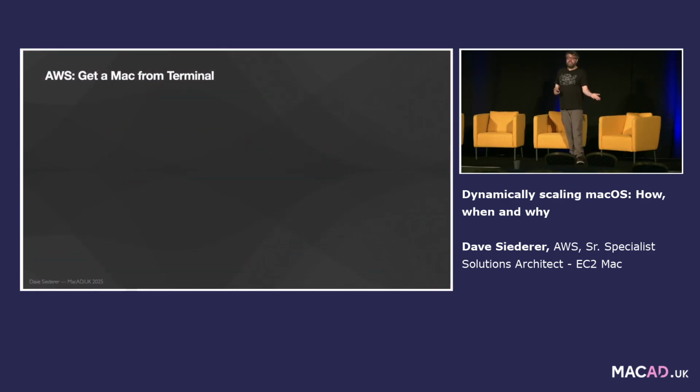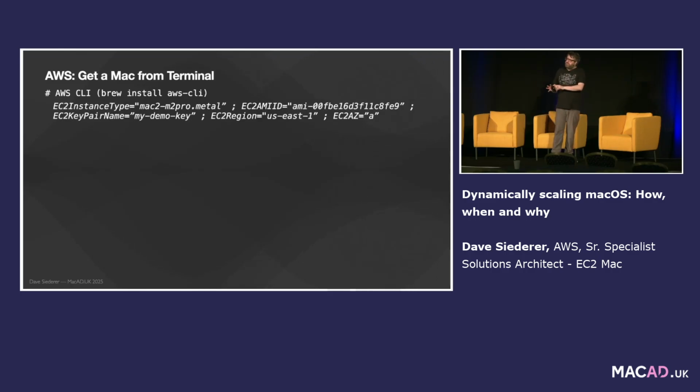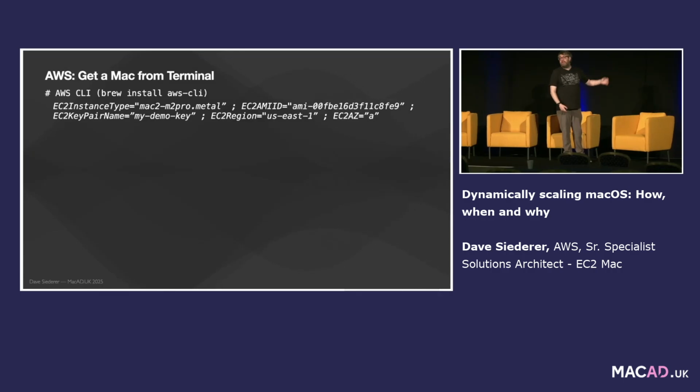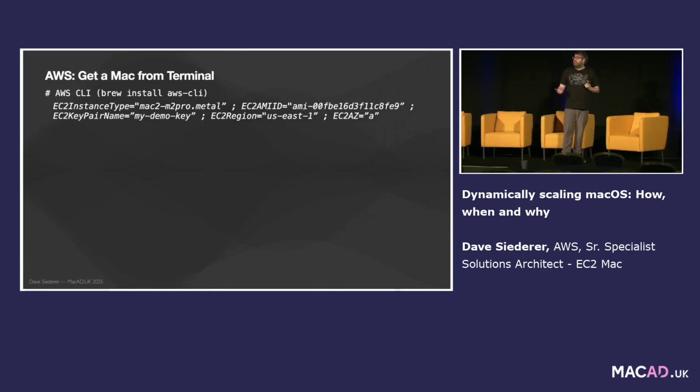So let's actually take a look at what that command is. We'll break this down. So first, I'm going to use the AWS CLI. I can actually install this with Homebrew. And then I'm going to set a few things to basically tell this CLI what I am doing. What do I want, which is an EC2 instance. I want an M2 Pro. I'm playing, I got a big plan, I need power.